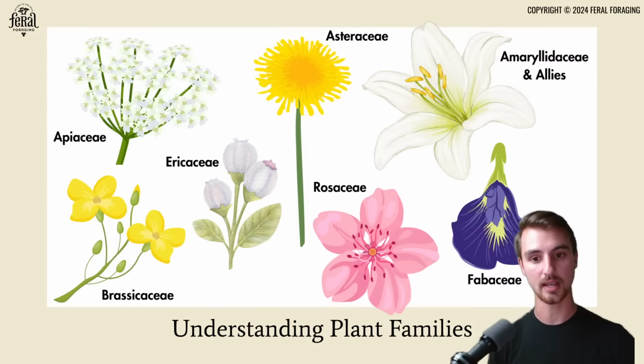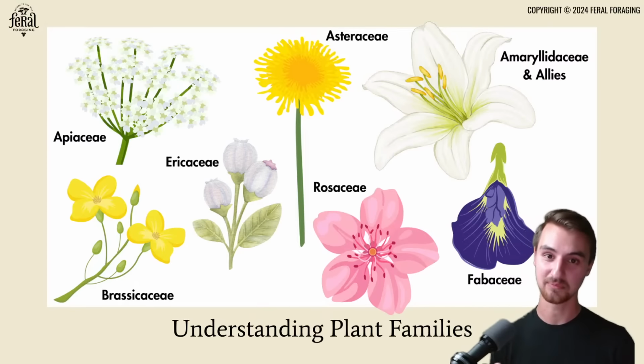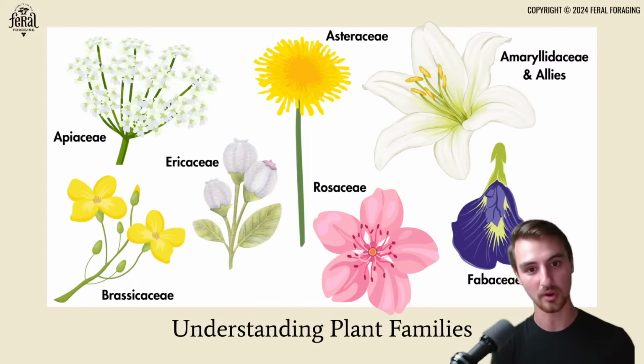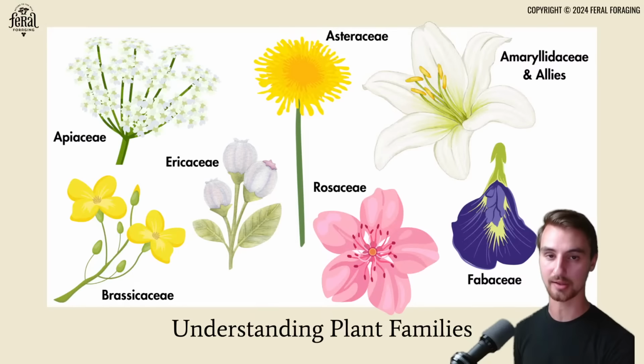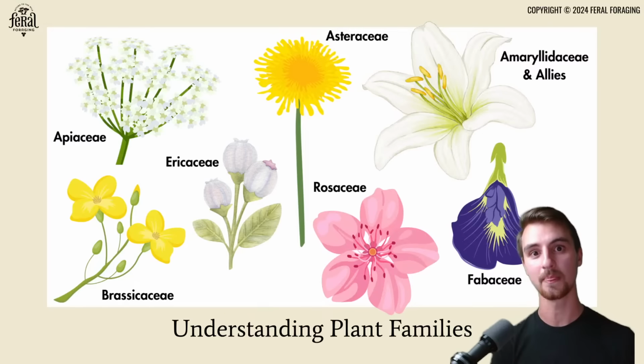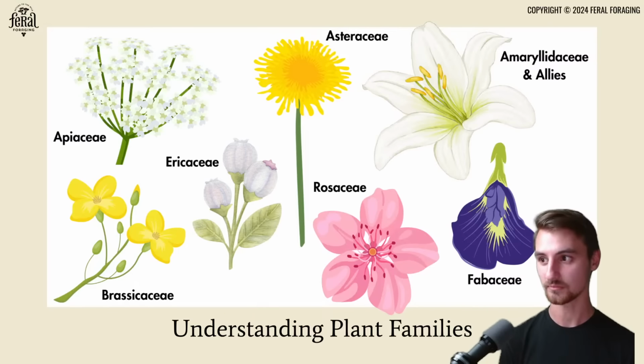All of these contain either many edible things or edible and deadly things, with the lily family and the carrot family. These are really important ones for you to know. And in that class, I'm going to show you how to recognize plant families, and I'm going to go through in detail each of these families and show you the really important foraging species that you should know about that comprise them.